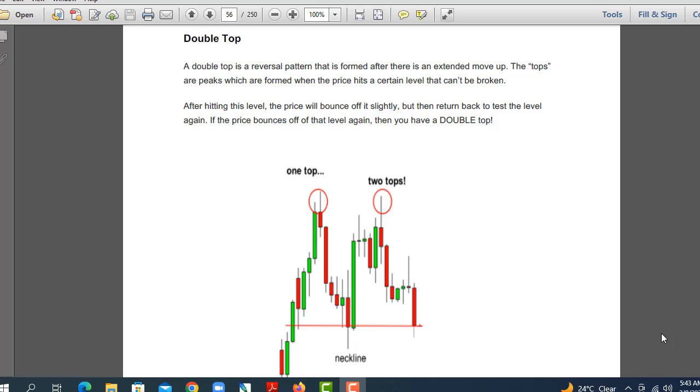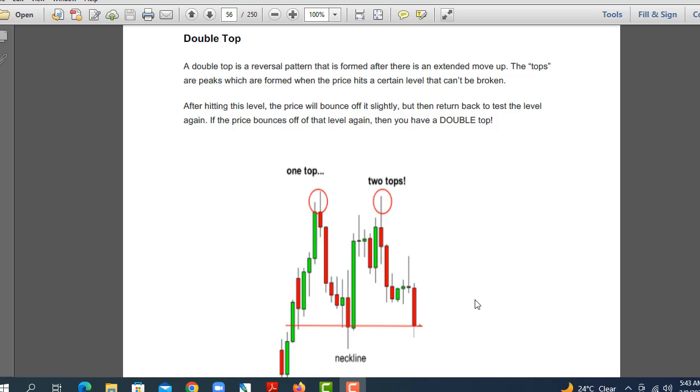We have more than 28 types of chart patterns, but we're going to be looking at the very important ones, the ones you most likely see often, and the ones I actually look out for whenever I want to analyze the markets or take my trades.